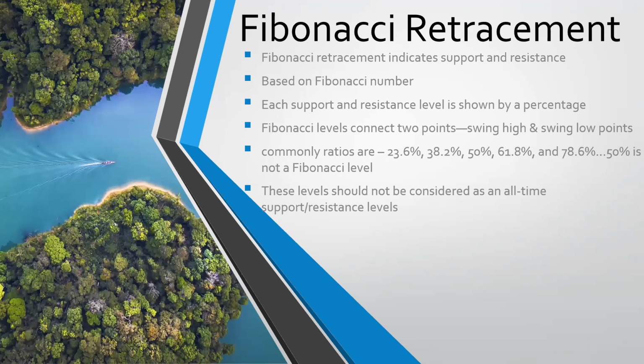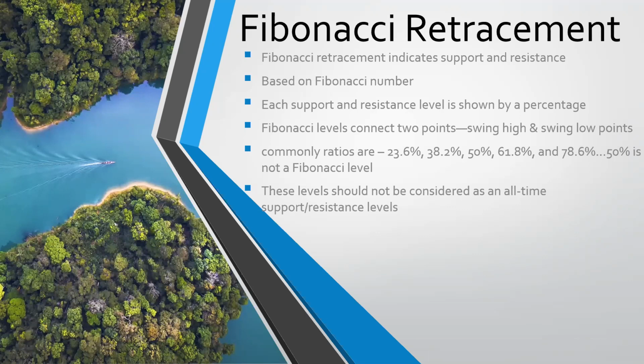And these retracements, again, are based on the Fibonacci numbers, and each support and resistance is shown by a certain percentage. Fibonacci levels, or these retracement levels, go from 0 to 100%, with extension lines beyond 100%.